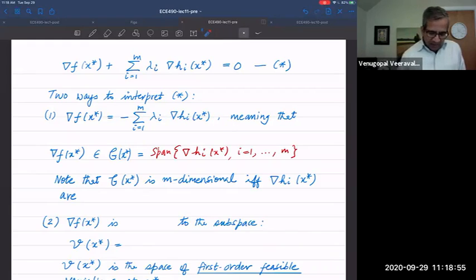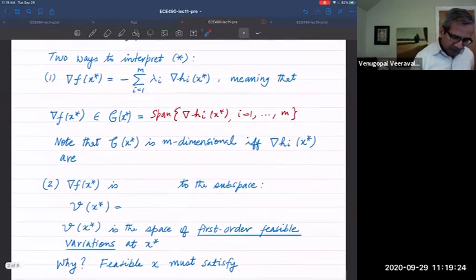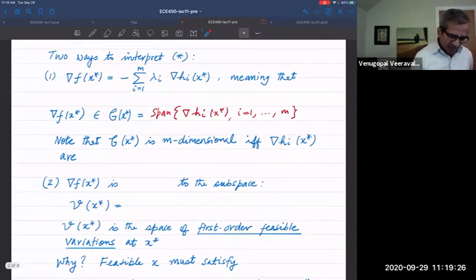Well, this space actually has dimension given by the rank of the matrix formed by putting all these vectors into a matrix. The rank of that matrix tells me the dimension of that subspace. And so this space, the span of the gradients of h at x star, is an m-dimensional subspace if and only if the gradients of the hi are what?